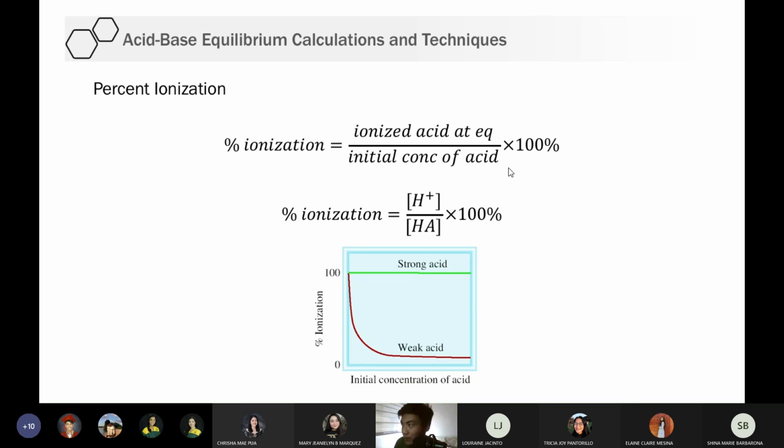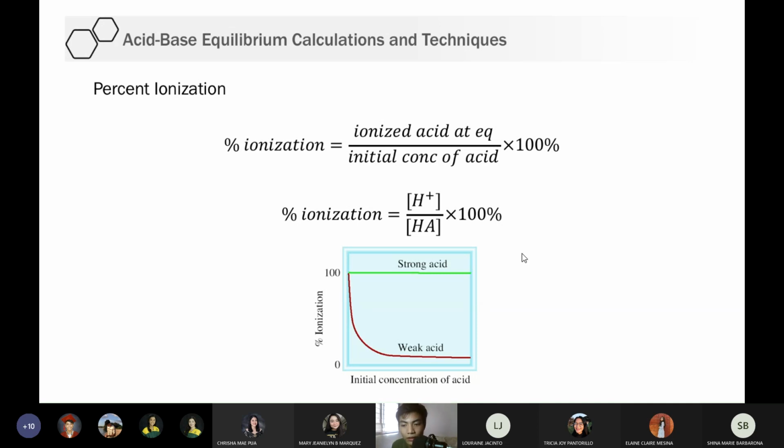So, for acids yon, concentration ng H plus divided by the acid initial concentration, the HA. Pag bases, usually yung products, no, yung hydroxides, although that's uncommon. Commonly ginagamit ng percent ionization with acids. No? So one example would be yung suka sa bahay.